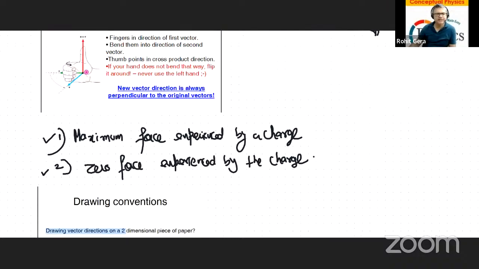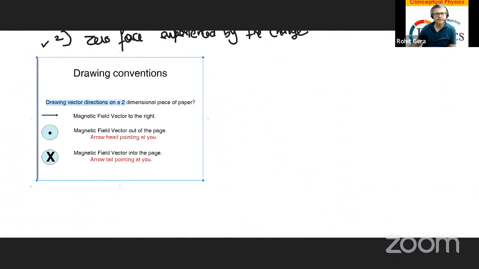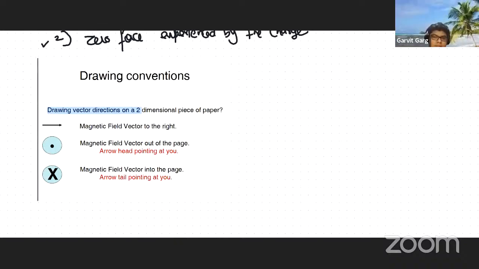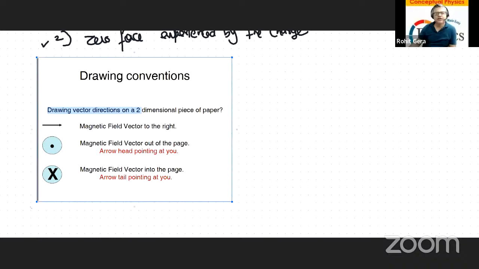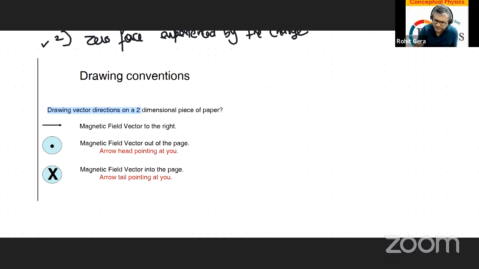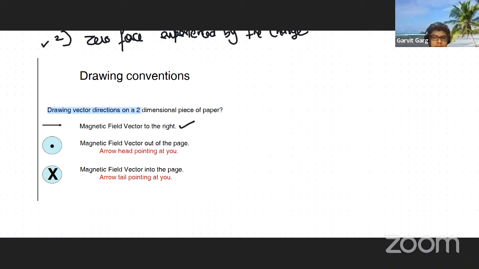Now the sign convention that you must know. Good answers. Drawing convention. If you're seeing a vector being drawn like this on the right, this is a magnetic field from left to right. If you see a dot, the vector is coming towards you.